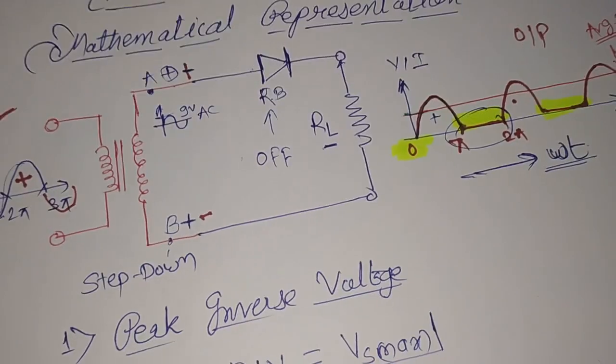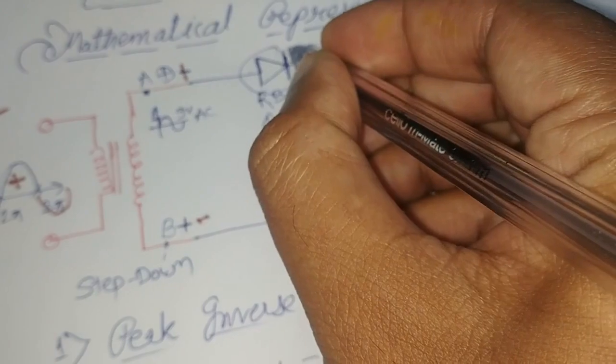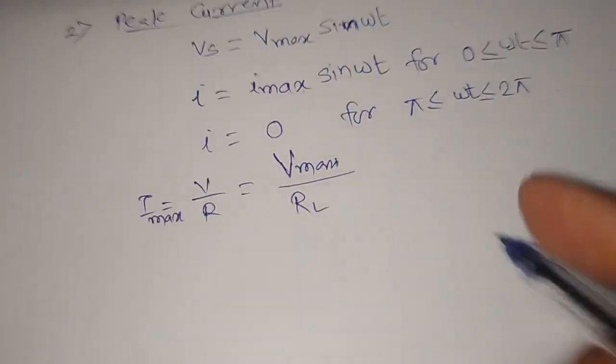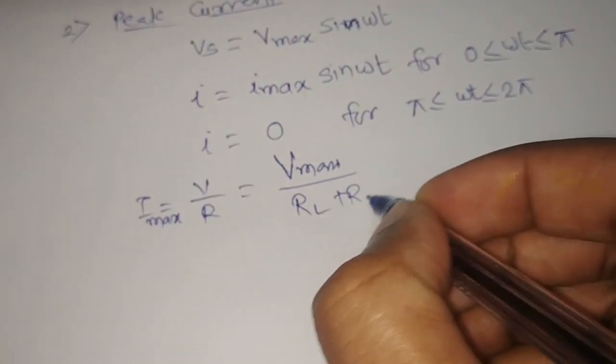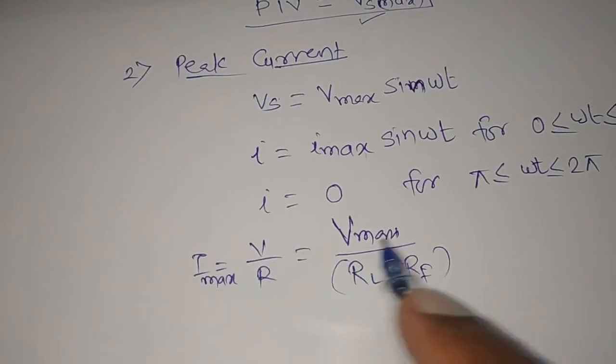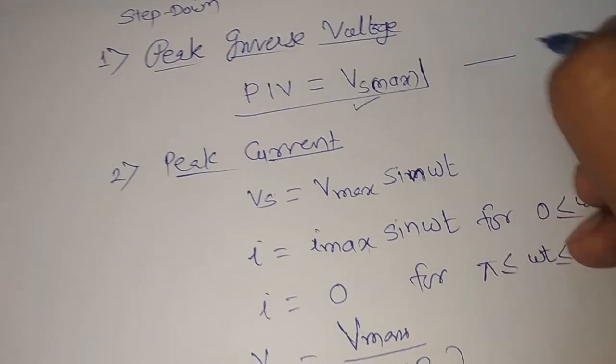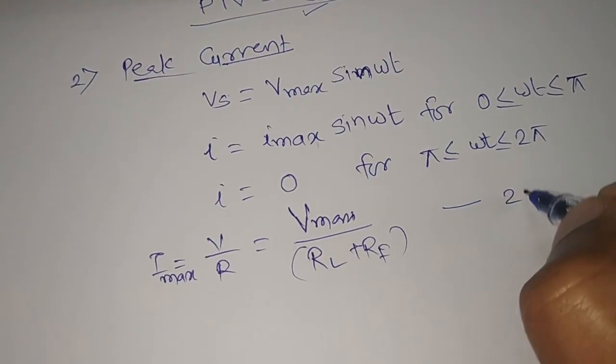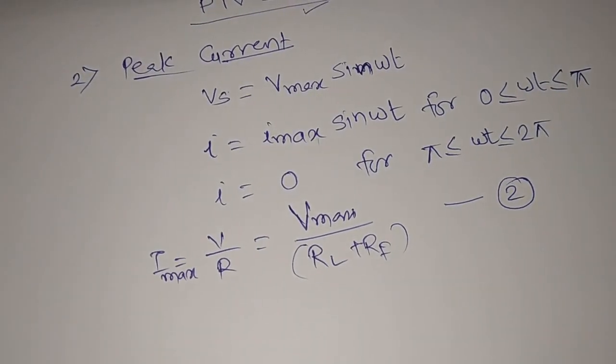If in example, if we ask to consider the internal resistance of diode, then we have to consider RF, say forward resistance of diode, it will get added with this. So this will be the expression. So we'll call it expression 1, and this will be say expression 2.